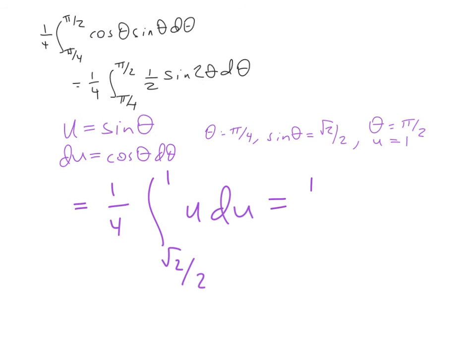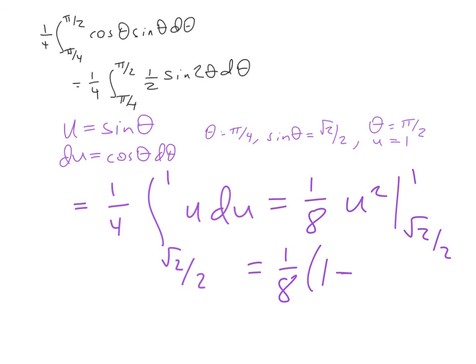So it's 1/8 u squared from root 2 over 2 to 1, which is equal to 1/8 times 1 minus 1/2. And so this is 1/16. 1/16 is the final result of the integral.